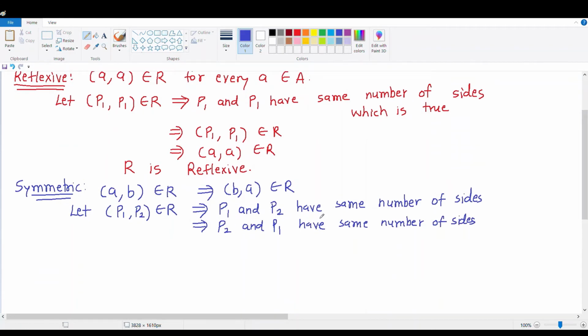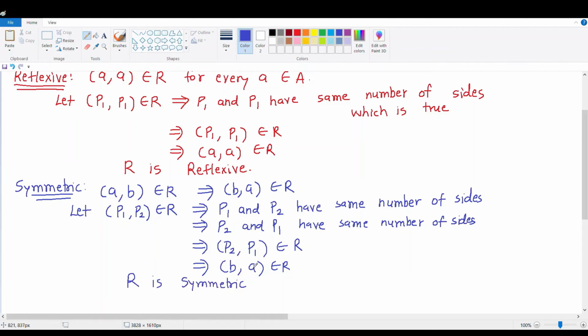Because P1 and P2 have same number of sides, or you can say the other way around, that P2 and P1 have same number of sides. It's the same truth, right? So that means P2 comma P1 belongs to R. That means B comma A belongs to R, because our P2 was B, P1 was A. And as soon as we have B comma A belongs to R for our A comma B belongs to R, that means your R is symmetric.